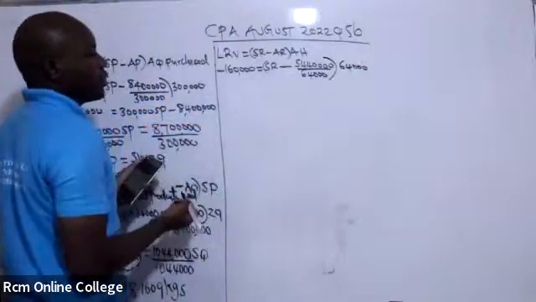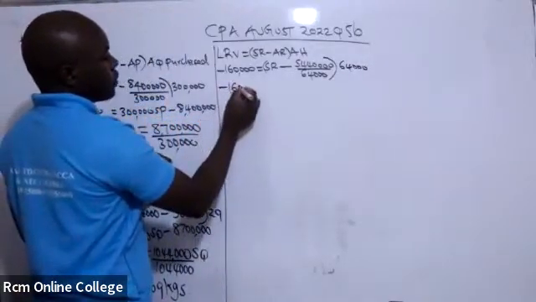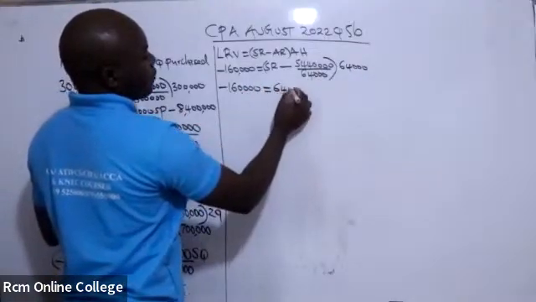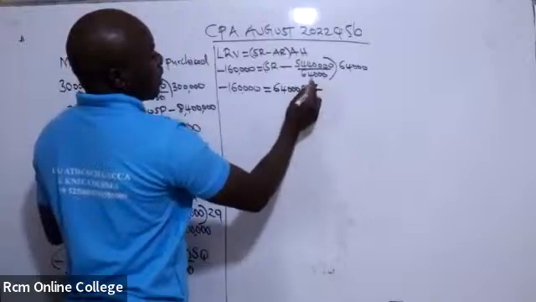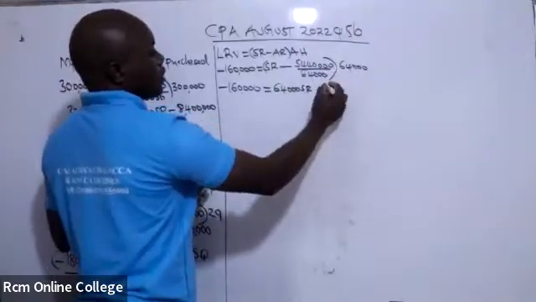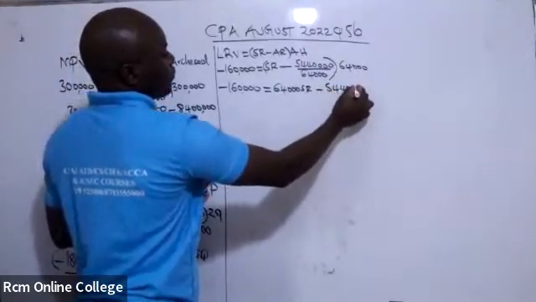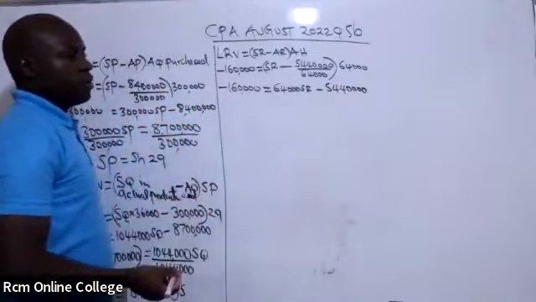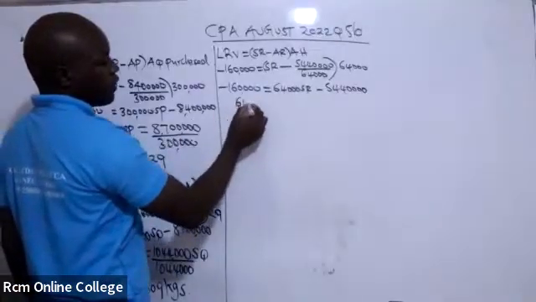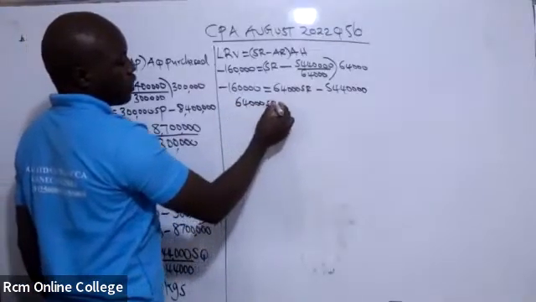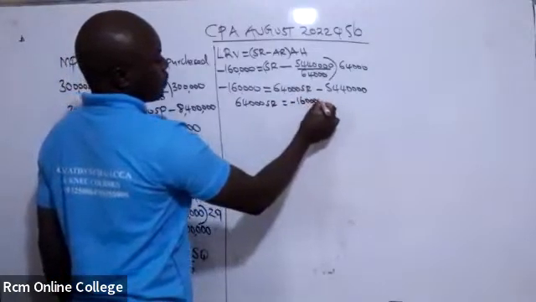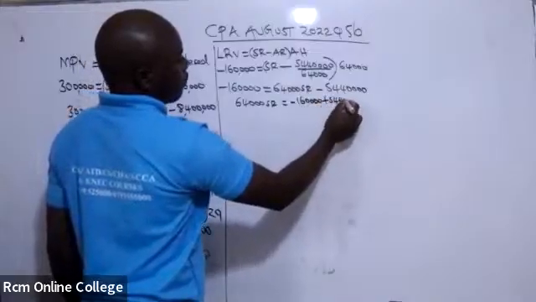Let's break the bracket. A negative of 160,000 is equal to 64,000 SR minus 5440, since 64,000 times the actual rate gives us 5440. These are negative. If it crosses the equal sign, it will be a positive. So 64,000 standard rate is equal to a negative of 160,000 plus 5440.